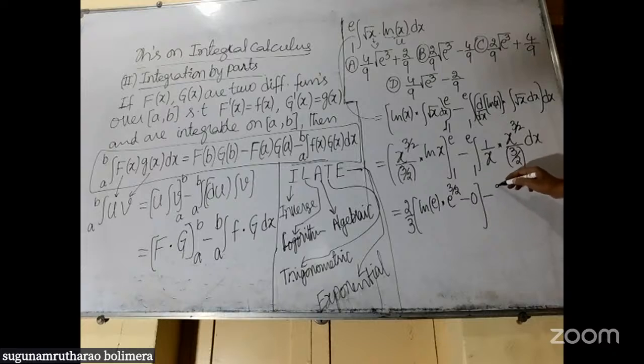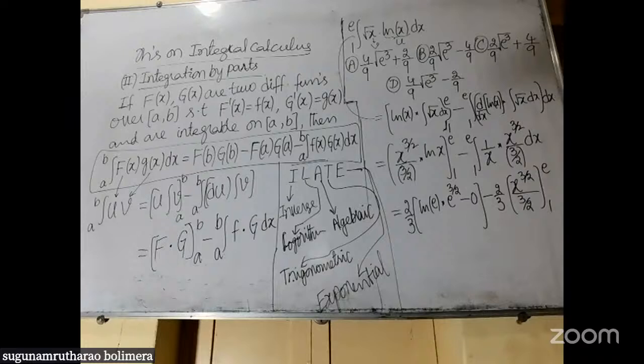Minus 2 by 3 into 1 by x times x power 3 by 2. So the 1 by x gets cancelled and x power 1 by 2 remains. Doing the integration of x power 1 by 2, again it will be x power 3 by 2 by 3 by 2, again with limits from 1 to e.